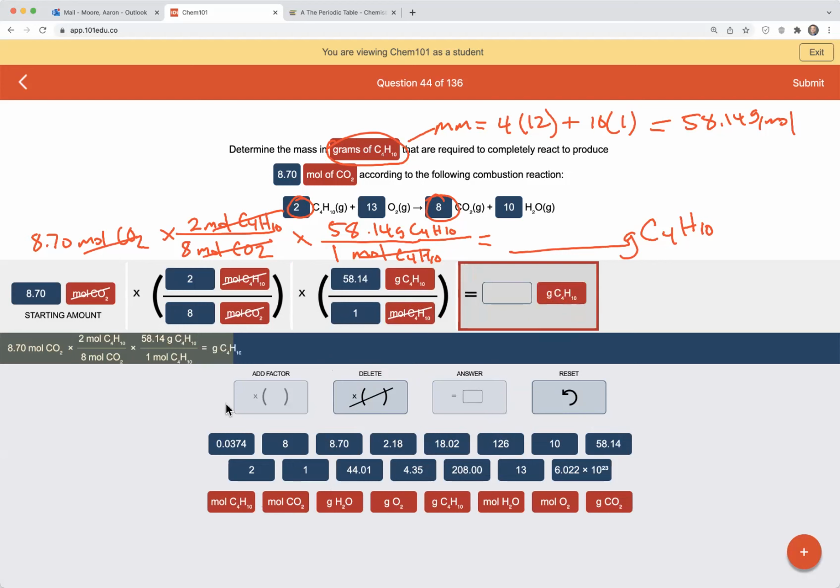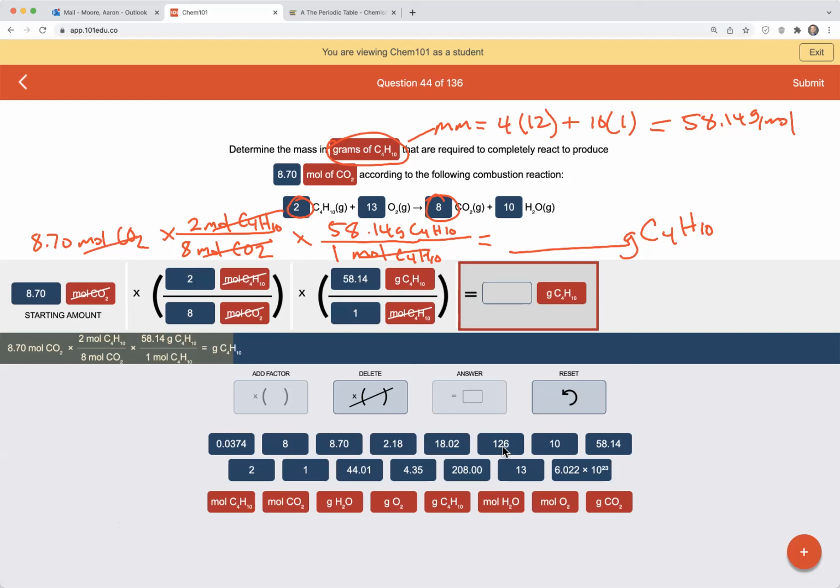Okay, so I can punch all this into my calculator. So 8.7 times 2 times 58.14, and I hit enter, and then I divide by 8, and I get 126.5. So is that up here? 126.5.